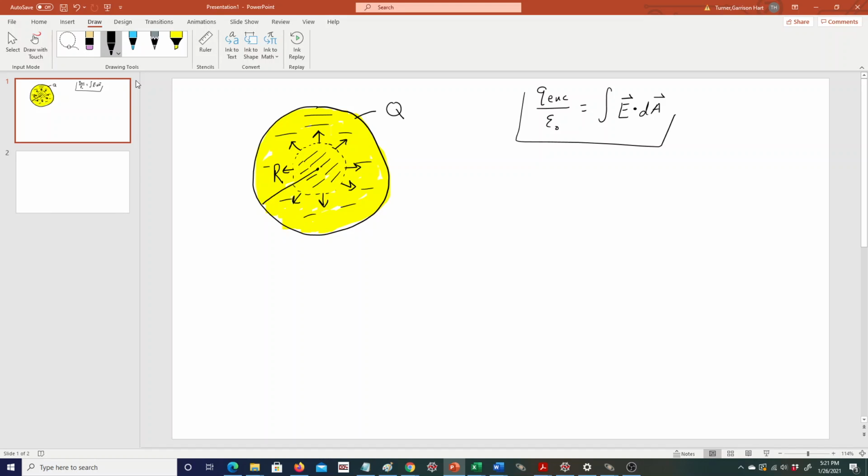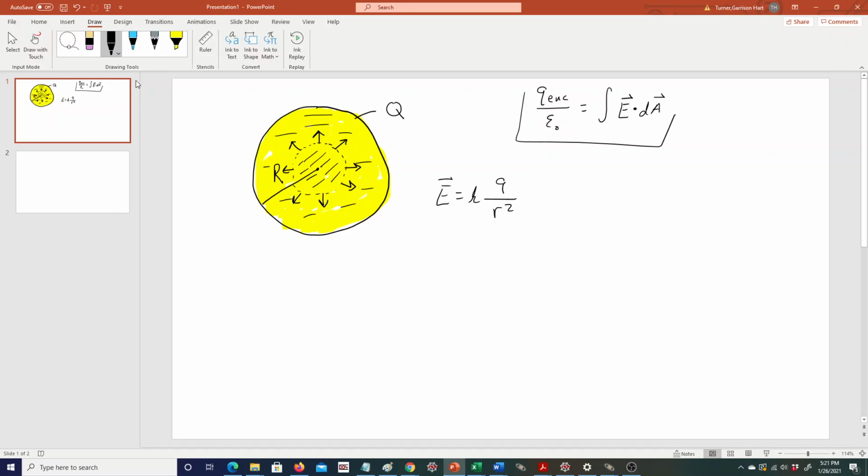Now, because that is the case, we really don't need to mess with the actual integral form of Gauss's law here. Because if our symmetry is spherical, we already know the electric field for a spherically symmetric charge distribution. It's just, right?